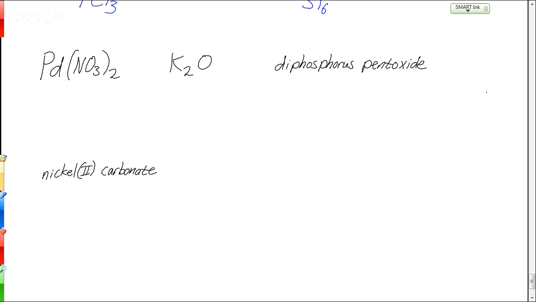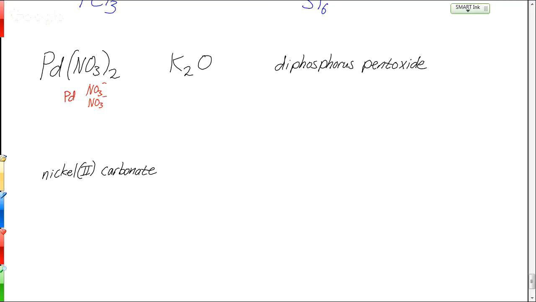All right, what do you got for this first one? Pd(NO3)2. What's Pd? Did you find that? Palladium, yeah. So what do we call this one? Well, we've got palladium and we've got nitrate. So each nitrate is -1.